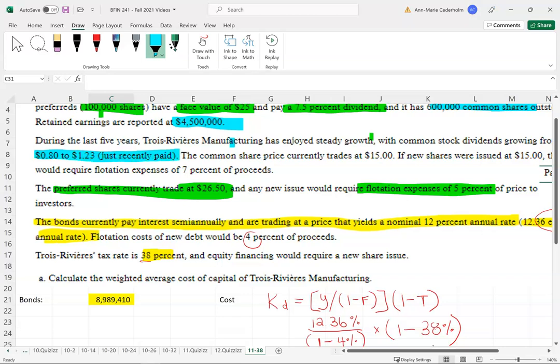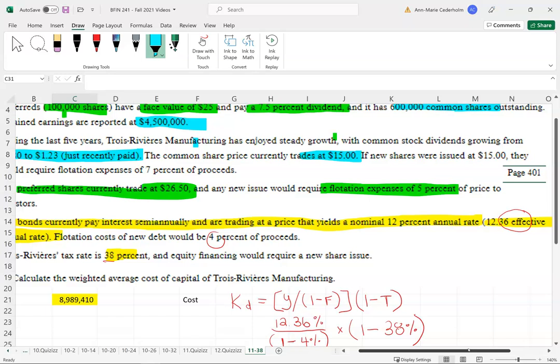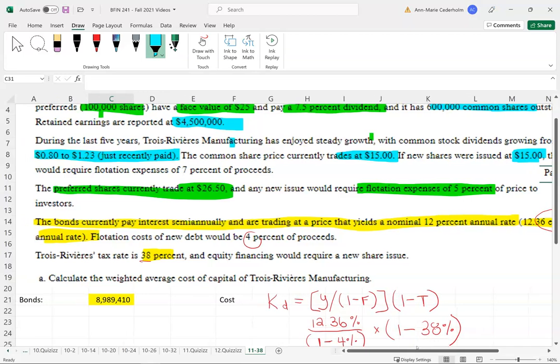So they were just recently paid. And the common shares are currently trading at $15, so that's the market rate. And if new shares were issued at 15, that would cost us 7% of the proceeds. So now we have all the information to calculate our common shares.